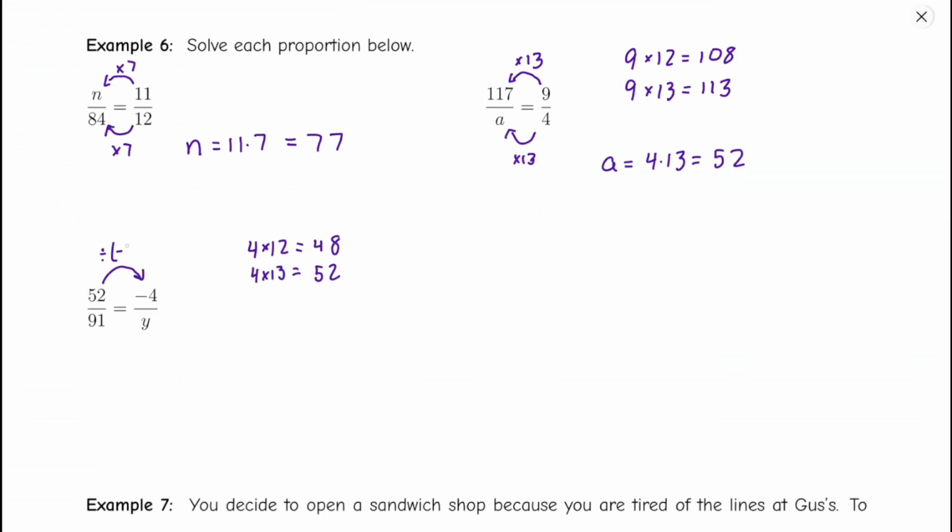Using that, I know I have to divide by negative 13. So in order to figure out what y is, we also have to divide by negative 13. So y is 91 divided by negative 13, which is negative 7. So that's how you can solve proportions with a variable or unknown.